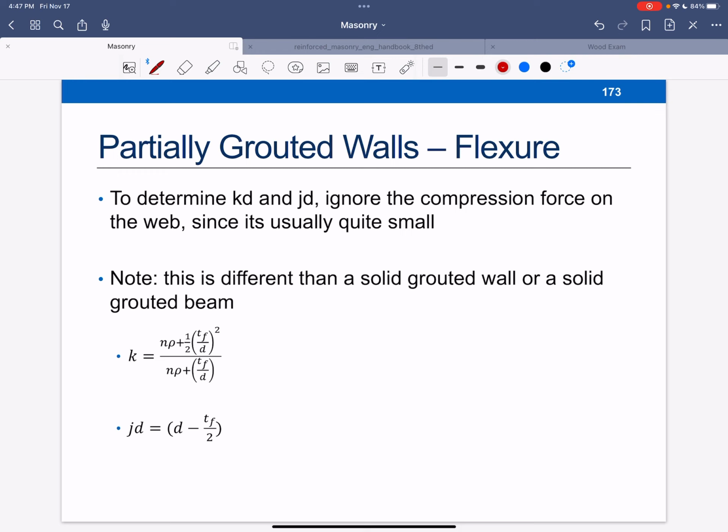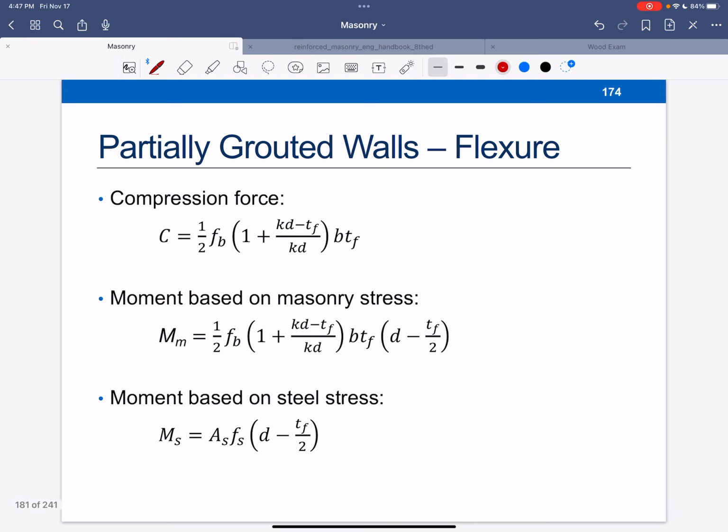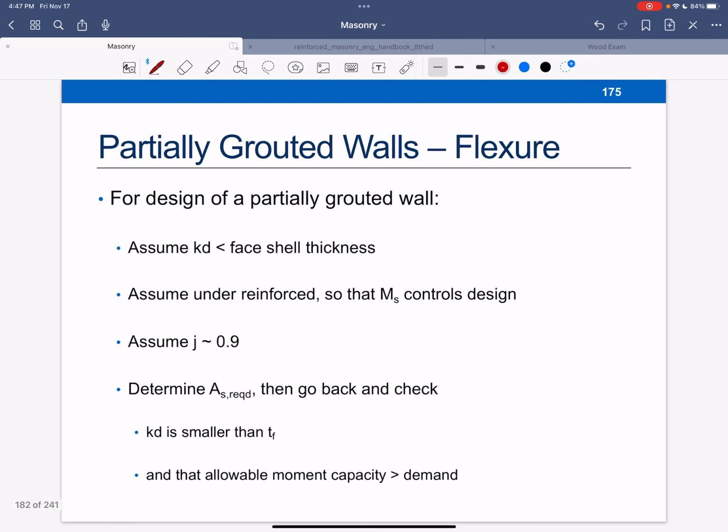Okay, so I can actually ignore that piece of the other little webs, but what I can end up with is a little different equation for k, right? So I can use these equations if I'm in that case. So remember, this only counts if it's the T-beam type case. And then I can figure out my compression force, masonry, and steel force and go through it in this way. So the way to design these would be to assume the good case first.